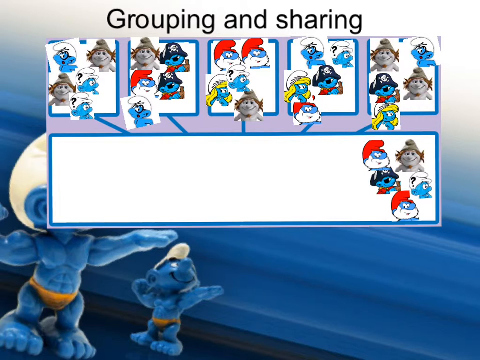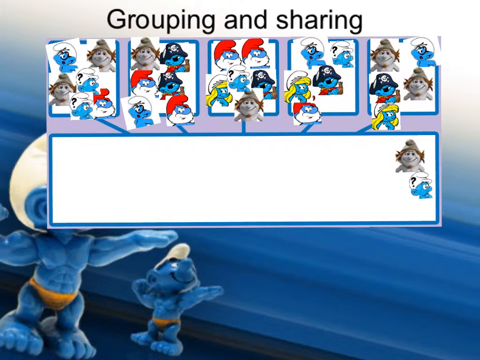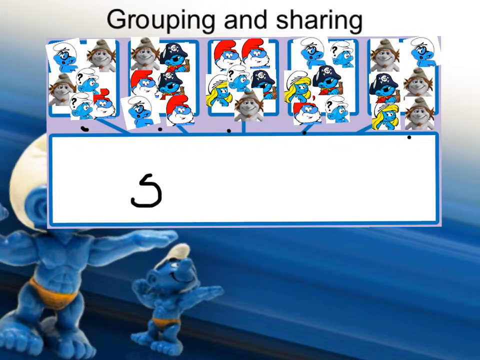Pretty cute little Smurfs. And this should be the last lot that I share, and it is nice and even. All right, so what kind of number sentence can I write to describe this problem? Well, I had 1, 2, 3, 4, 5 boxes, so I'm going to write 5.